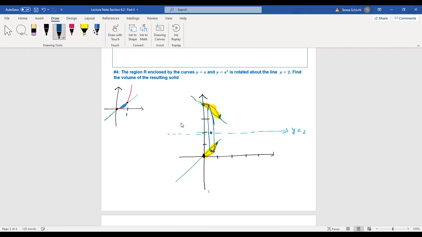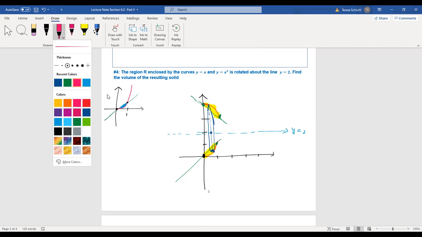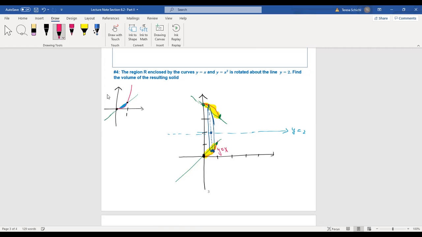My radius for the bigger one is all the way from here to this red curve. This red curve is y equals x squared, correct?